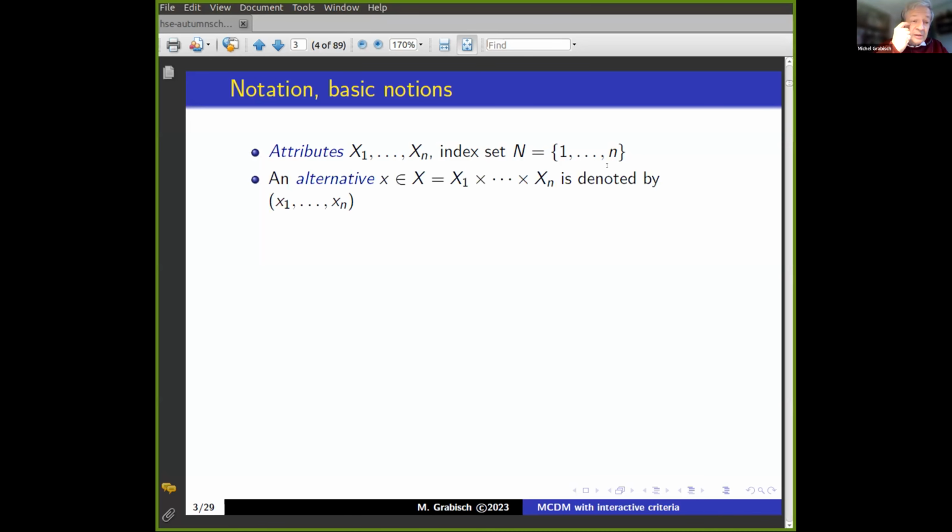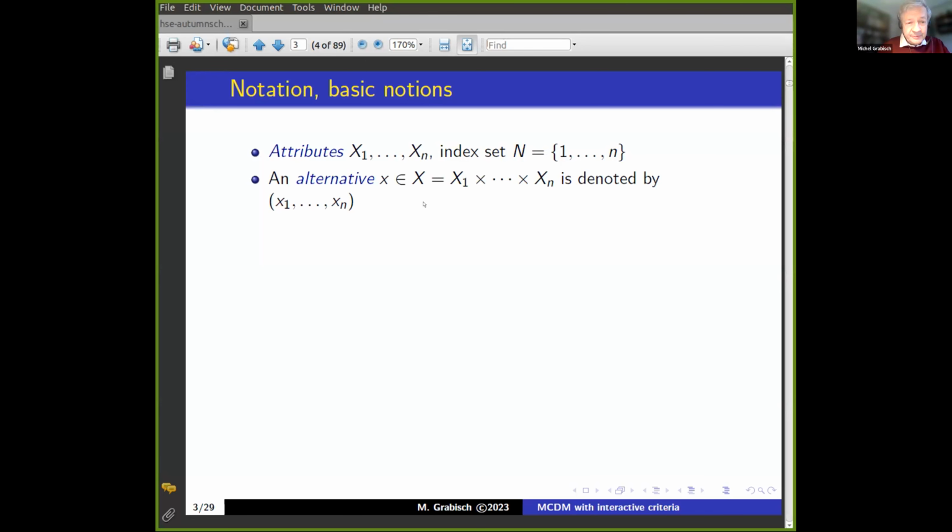Now, an alternative is just an element of the Cartesian product of all these attributes. So an alternative X is simply a vector in this Cartesian product, okay?